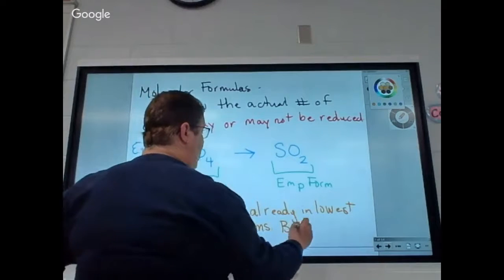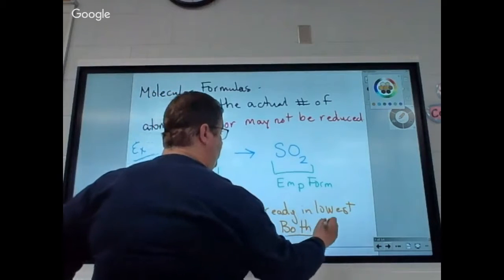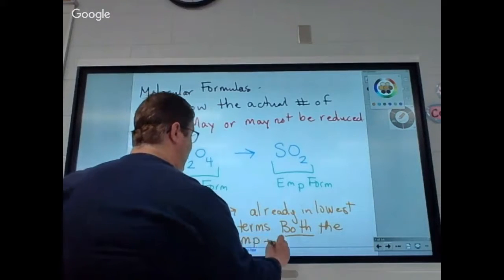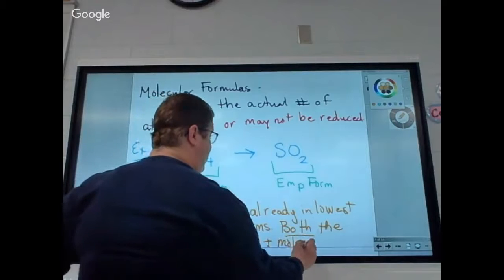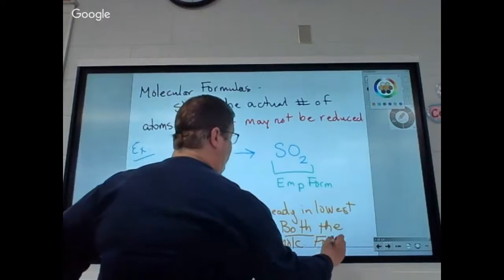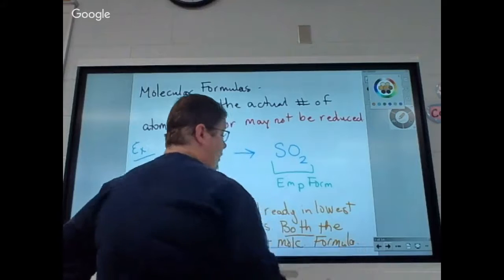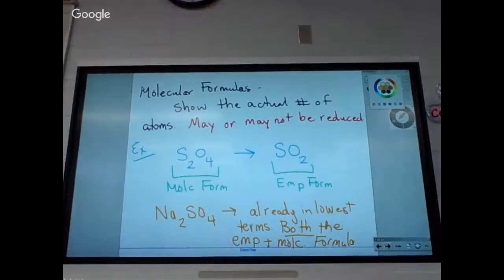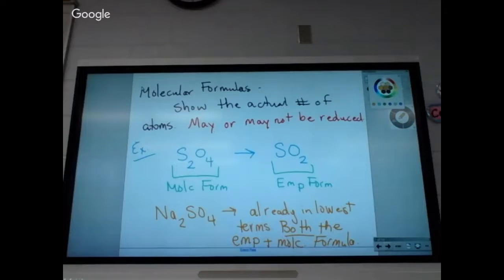So it is both the empirical and the molecular formula. Because it can't be reduced anymore, and it's already in lowest terms. It is both the empirical and the molecular formula. Does that make sense?